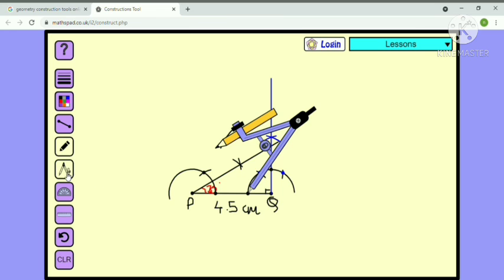And let us join Q, okay, let us extend Q. So we have obtained 45 degree angle, and the intersection which we have got, let us name that as R.